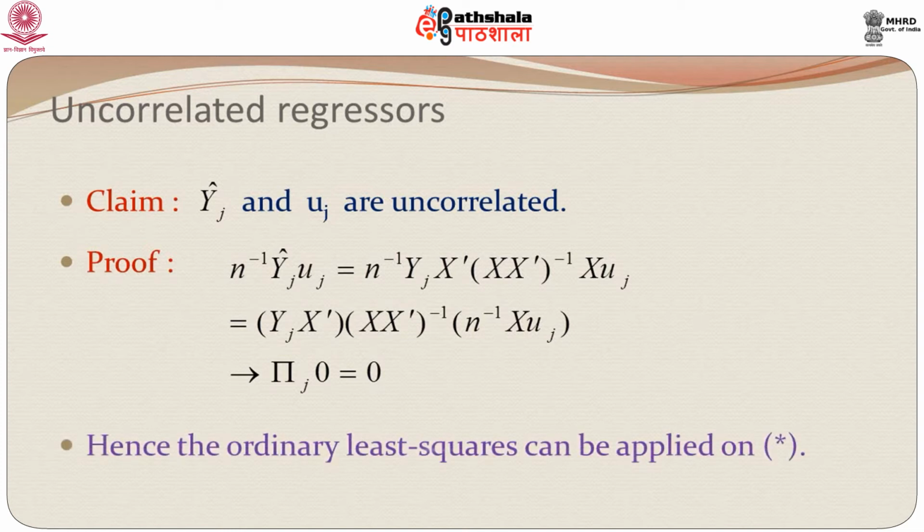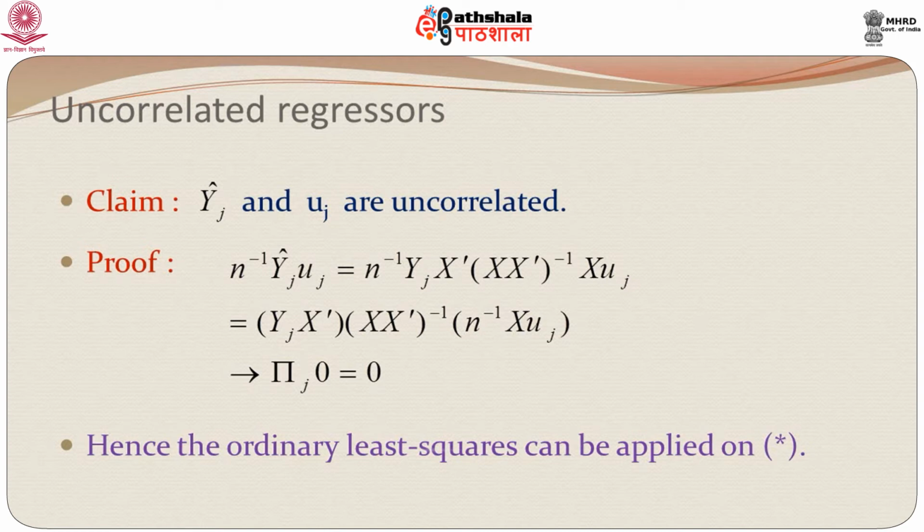And now, let us look at the three terms here. The first term yj x prime and the second term (x x prime) inverse actually lead us to pi j, whereas n inverse x uj will be going to 0 because x and uj are uncorrelated to each other.